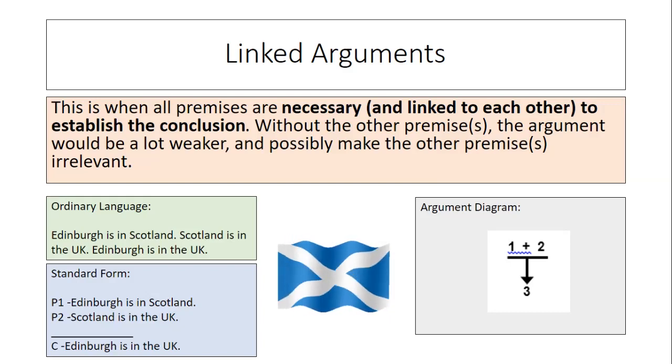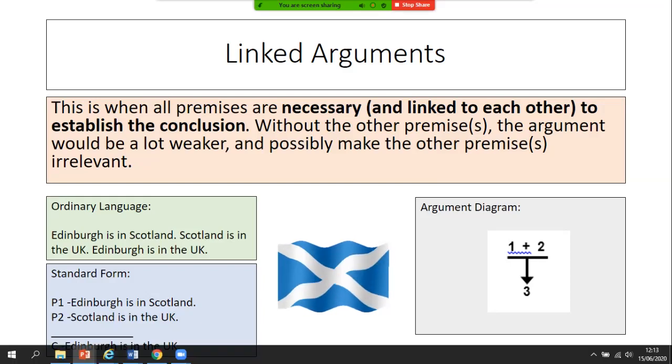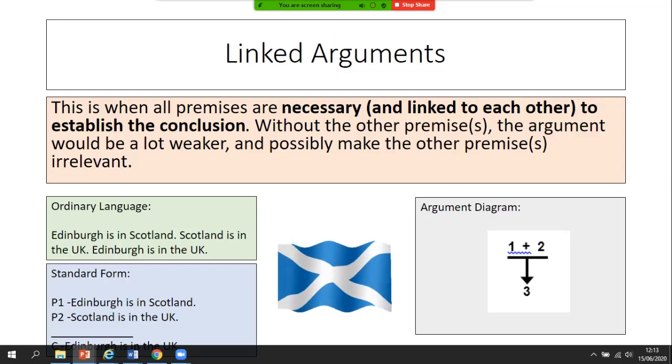In the form of an argument diagram, the argument looks like this. So 1 plus 2 gives us 3. What we have is 1, Edinburgh is in Scotland, and plus, Scotland is in the UK, 2, pointing us to the conclusion, 3, that Edinburgh is in the UK.